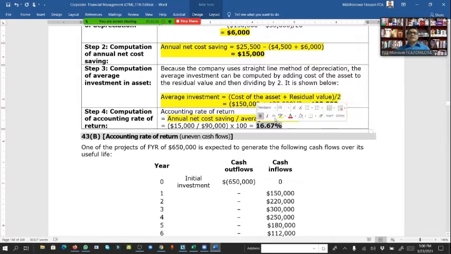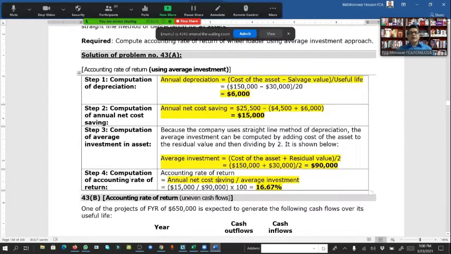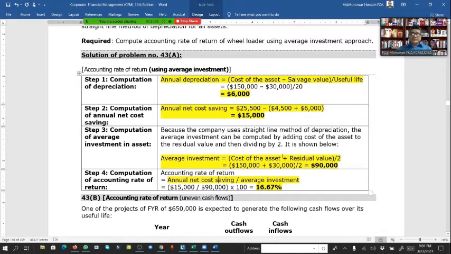If the expected rate of return is 15%, then this is acceptable because it is more than 15%.